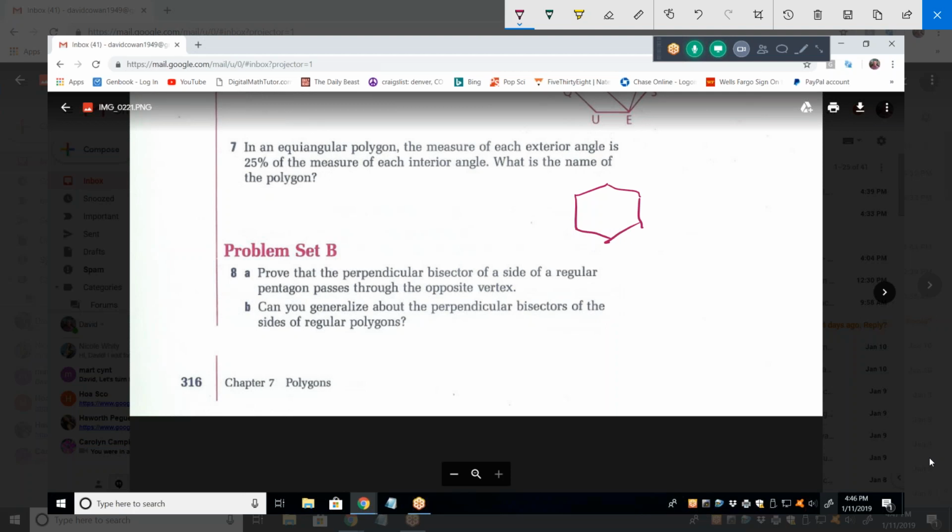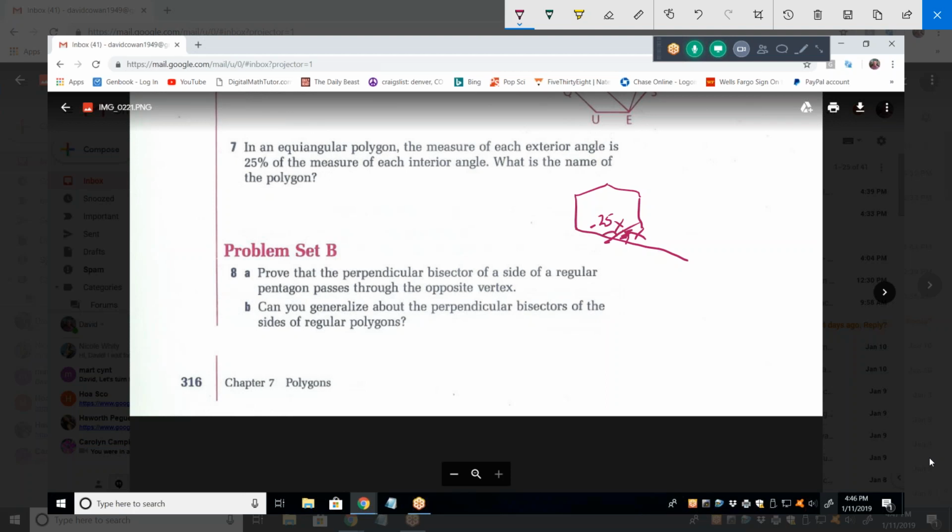What they're saying is that angle X is equal to 0.25X, being that angle and that angle.